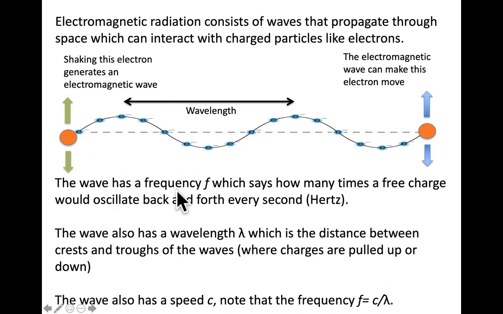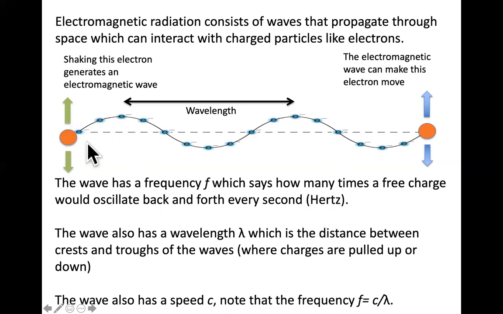Now, that disturbance has a couple of properties. The first is what's called its frequency. If you take a charge and move it up and down once every second, then the responding charge will also move up and down once every second. So this wave or oscillation traveling between the two also has that intrinsic frequency. Now you can shake it faster so that it goes through more oscillations per second, which is conventionally called a hertz.